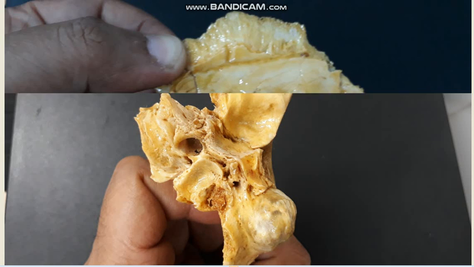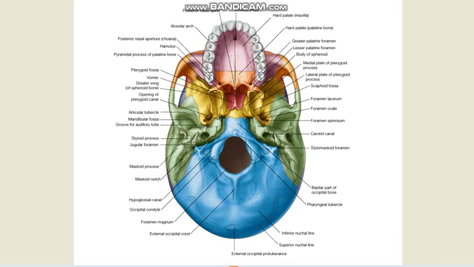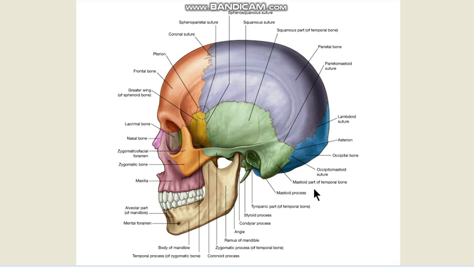Now if we want to see how it contributes to the skull as a whole, let us start from here. In the lateral view of the skull, you can see that the squamous part contributes to the temporal fossa. The zygomatic process along with the temporal process of the zygomatic bone forms the zygomatic arch. The tympanic plate and a part of the squamous forms the external auditory meatus. Behind the ear you have the prominence of the mastoid process.